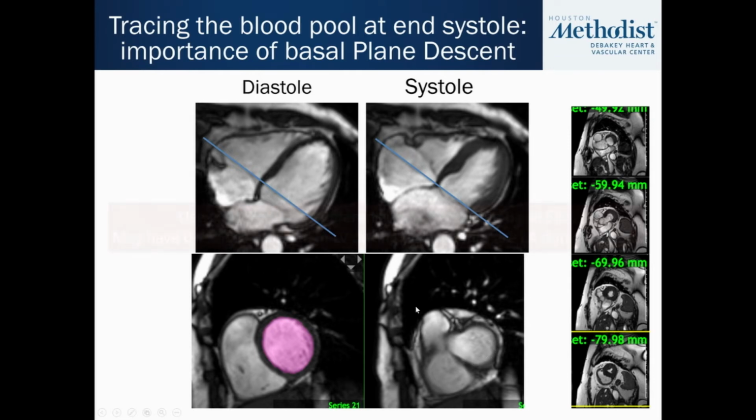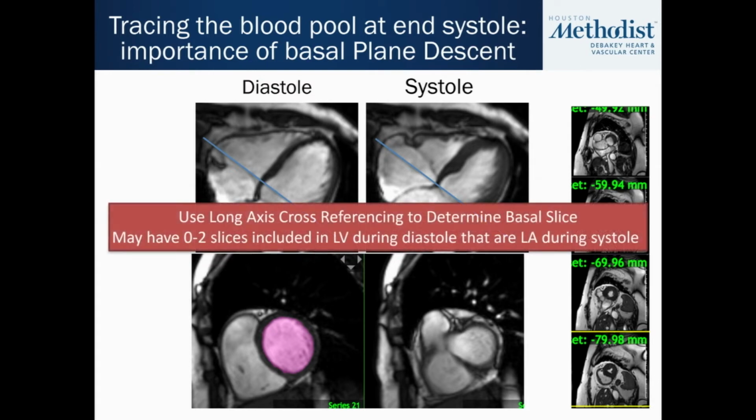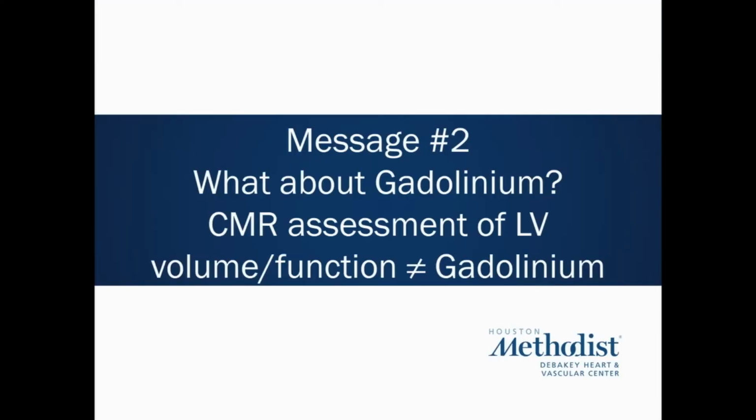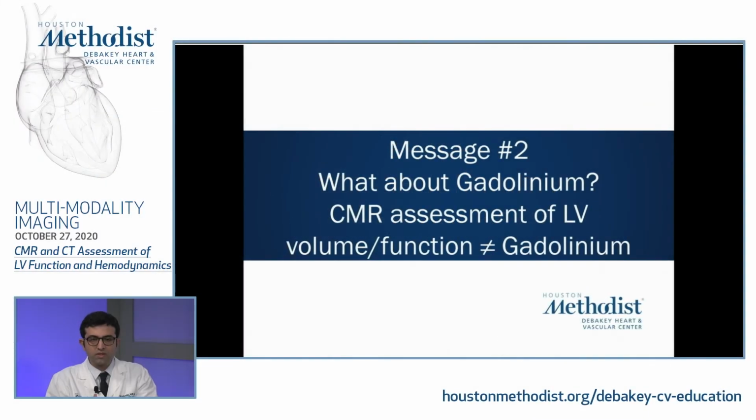And here we have the benefit within CMR that we can use a long axis sequence to track all of these at the exact same reference point and resolve the issue of, are you tracing within the left atrium or are you tracing within the myocardium? Now notice I still haven't said anything about contrast use. So if you want to assess someone's LV, whether it's volume, function, you don't need gadolinium.